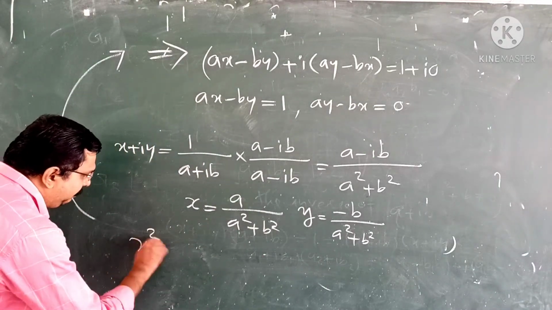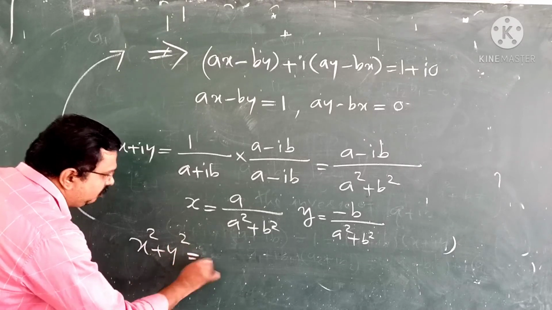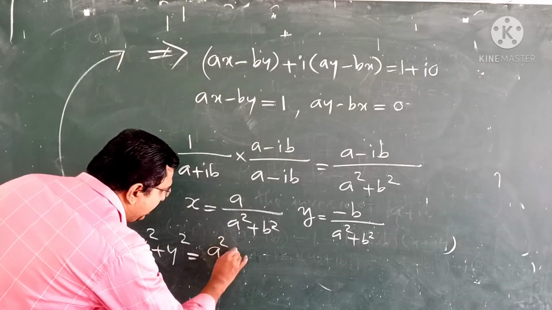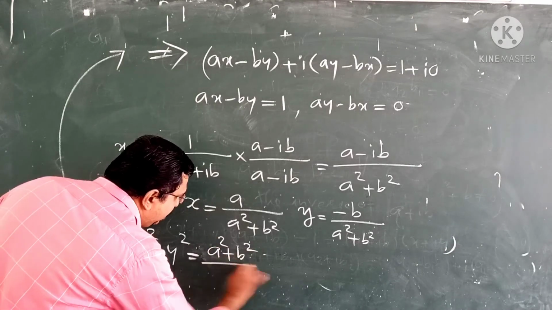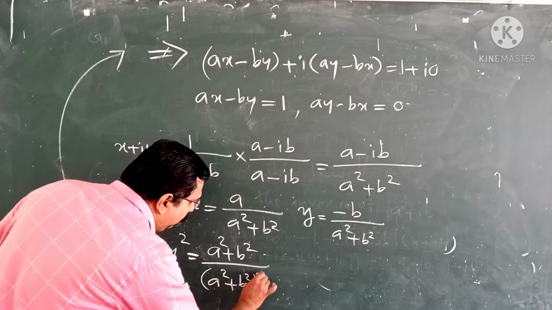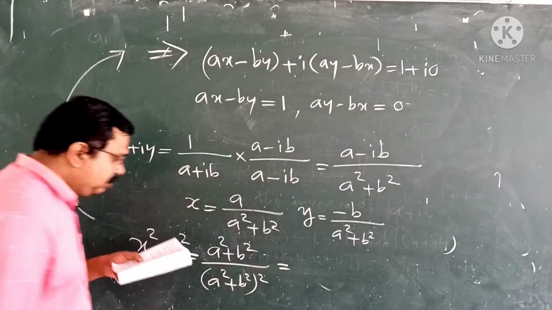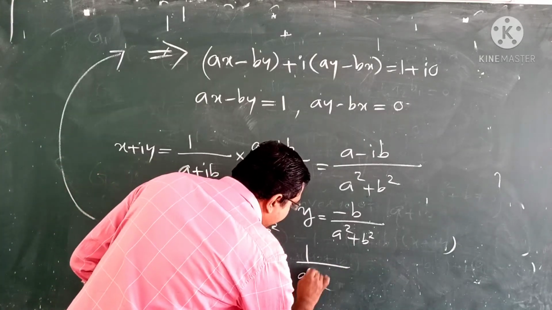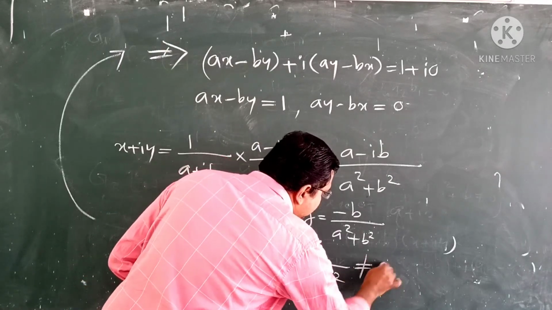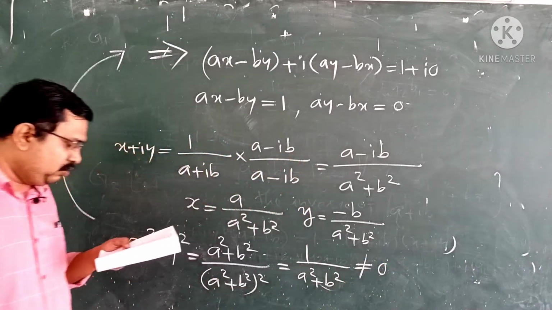Therefore, x square plus y square is equal to a square plus b square divided by a square plus b square the whole square, which is equal to 1 by a square plus b square, which we know is not equal to 0.